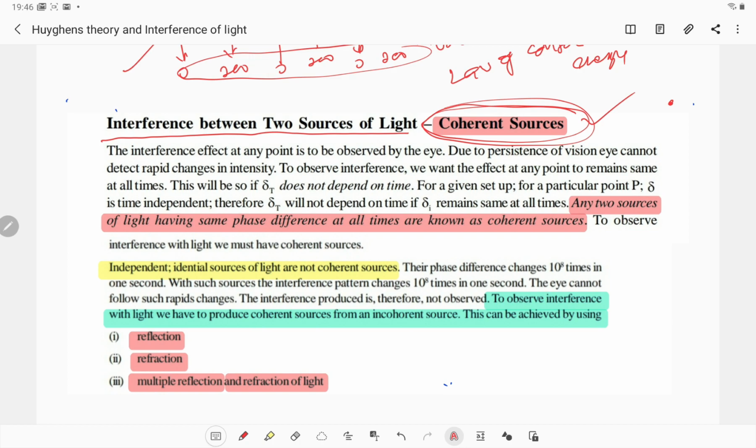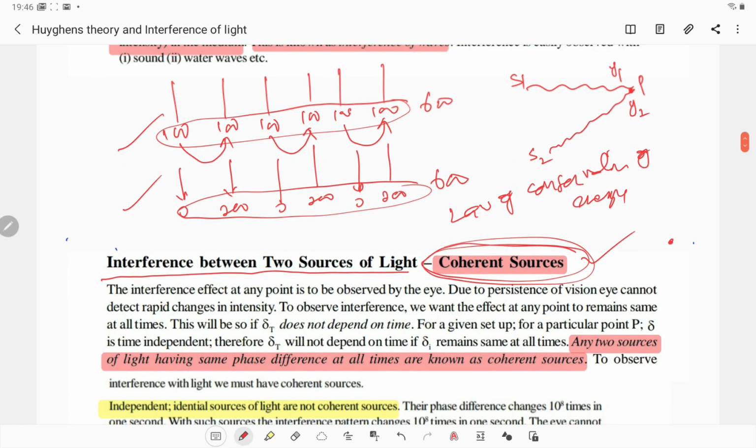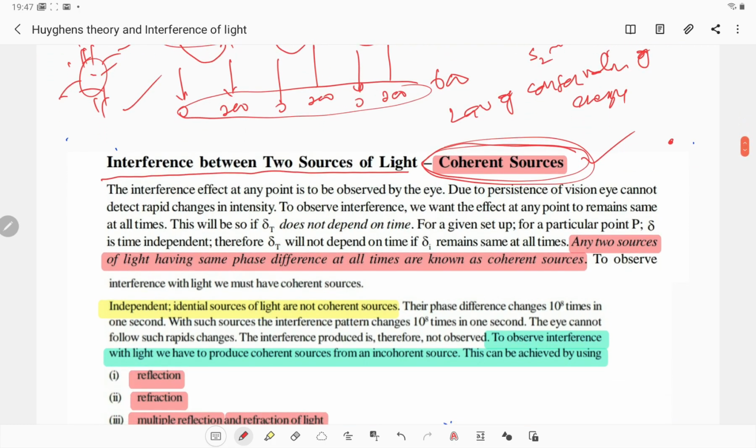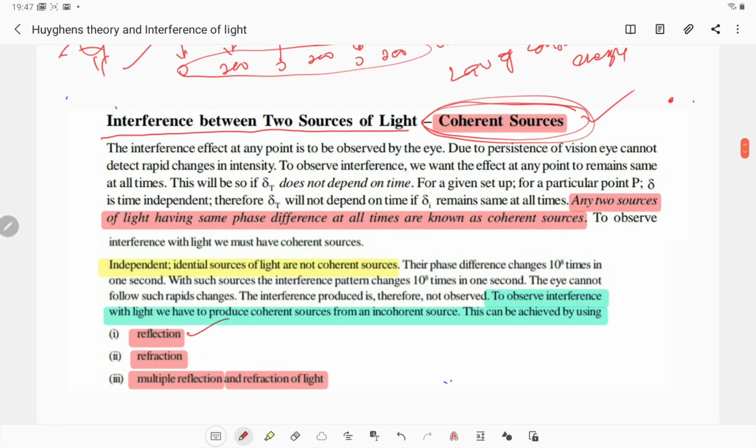Therefore, the interference effect can be observed only due to coherent sources. Ordinary light sources, this one and that one, are not coherent sources. These are incoherent sources. Only laser light is a coherent source. But we can convert an incoherent source into coherent sources by the methods of reflection, refraction, or multiple refractions.